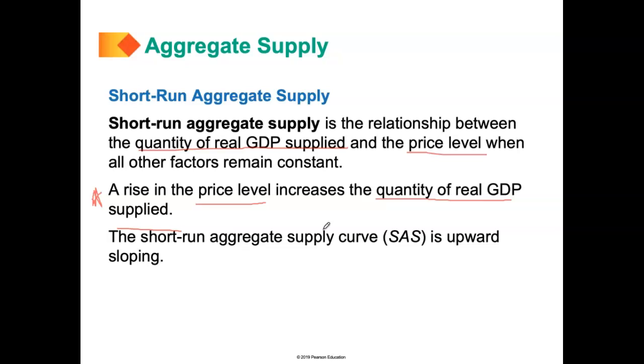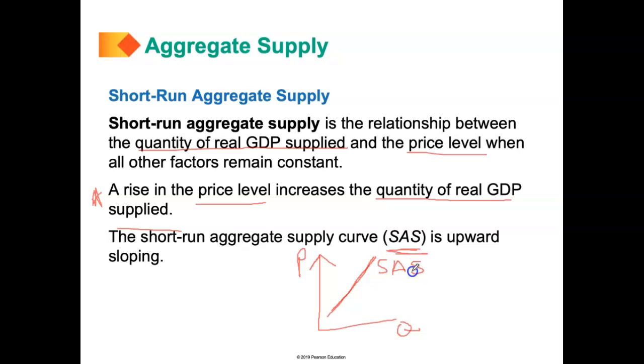So the short run supply curve, SAS for short, is always going to be upward sloping. You have price and quantity, which is GDP, and SAS is upward sloping.